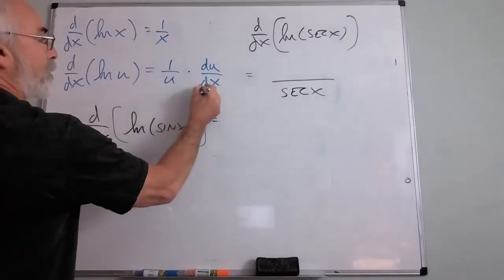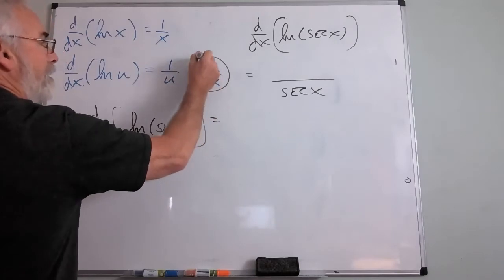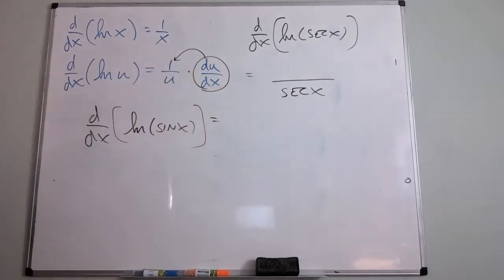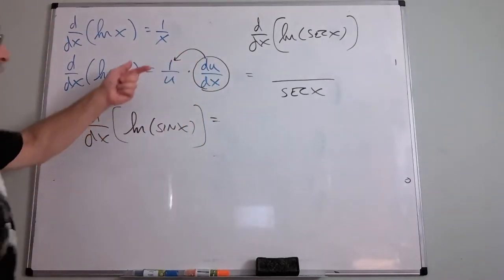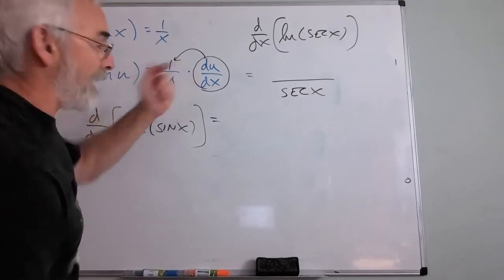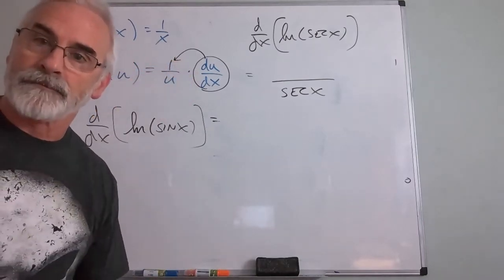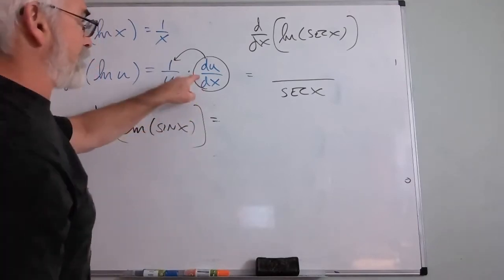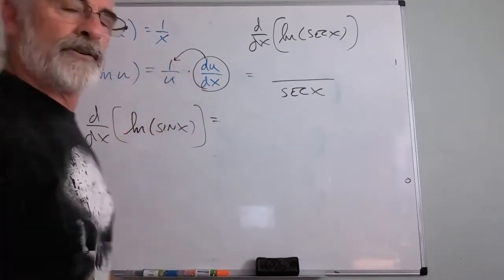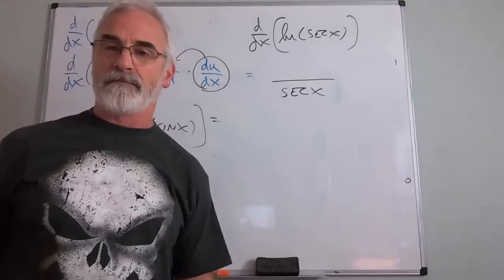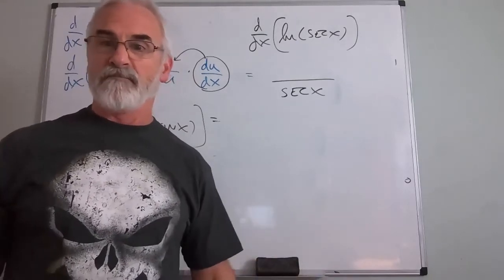Would there be anything wrong conceptually? It is always 1 over u times the chain rule factor. Wouldn't that be the same as putting that in the numerator directly? Would there be anything wrong with that? Anybody?